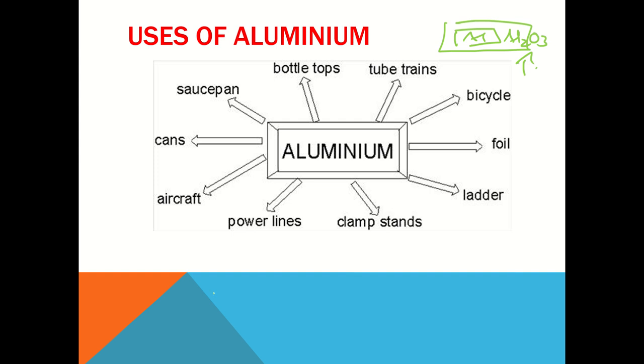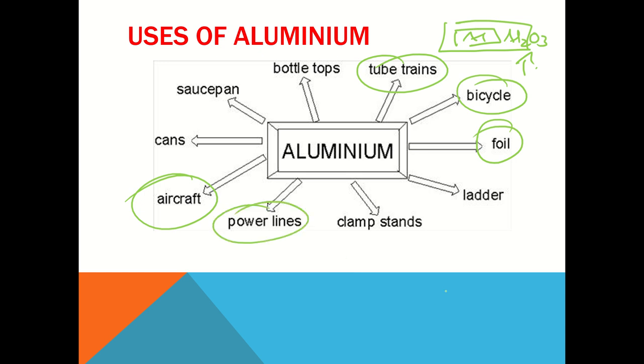You'll see lots of the uses here rely on it being light. So for example, aircraft, low density but super strong. Tube trains, low density, really light but very, very strong. Aluminium foil, flexibility. Bicycles, again, very light but very strong, unreactive. You can leave them sitting around. Power lines rely on it being very, very light.